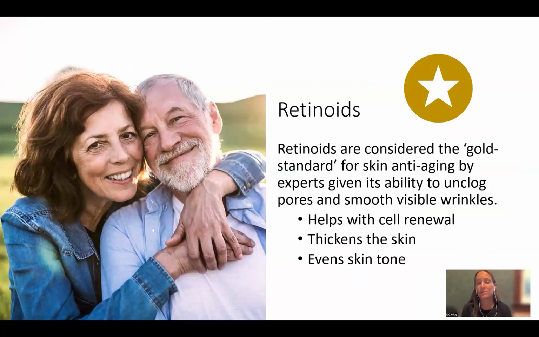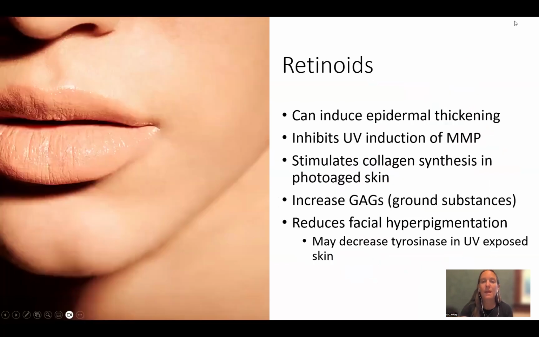And retinoids are really considered to be the gold standard when it comes to skin aging experts like dermatologists. So retinoids, again, can induce that epidermal thickening, which we want. They can inhibit UV induction of MMPs. And MMPs are enzymes that are found in the skin that actually break down your proteins.